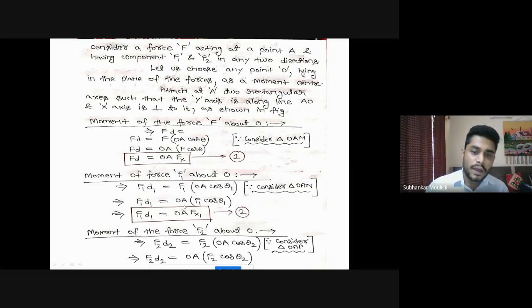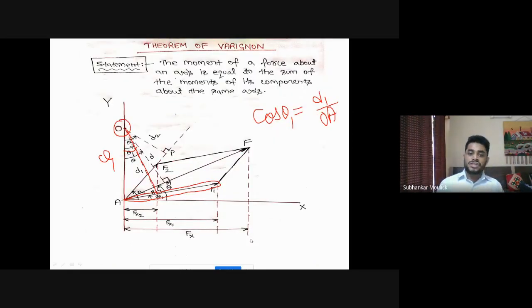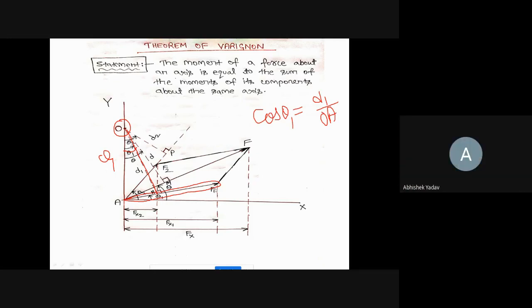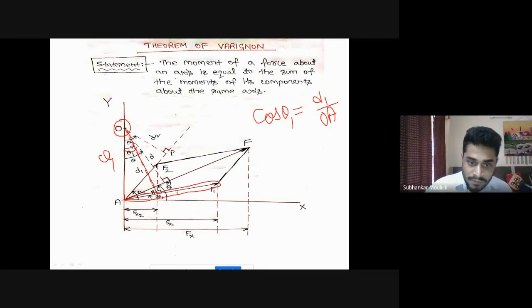Again take OA outside the bracket, F1 inside the bracket, OA into F1 cos theta 1. Now this F1 cos theta 1 can be replaced by which term? Fx1, yes, because F1 is making an angle theta 1 with respect to the x-axis.